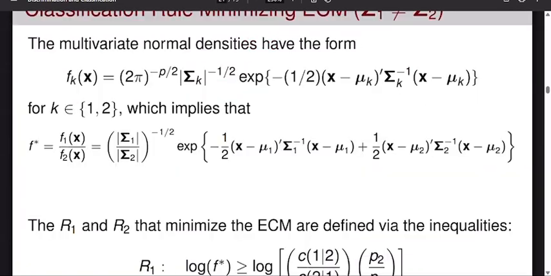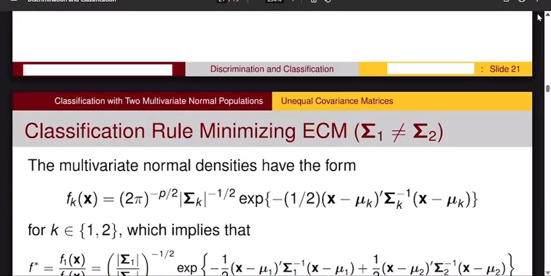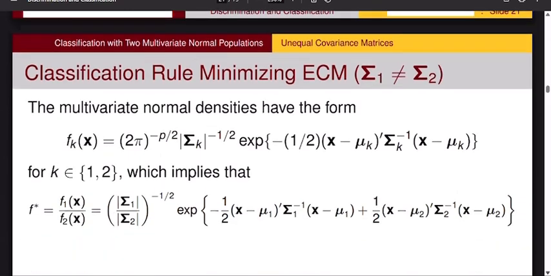So I think I mentioned in the last class, let me start from here, that the one that I walked you through the other time, we were assuming that the population covariance structure of the two classes are the same. But what if in a situation where they are not the same?